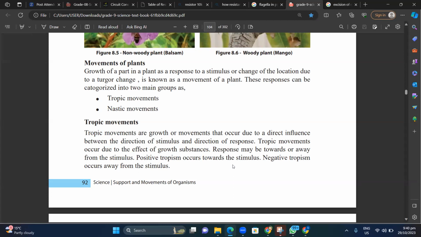So when light is there, it's a positive tropism: it moves towards light. Negative tropism is also there. Negative tropism is basically moving not toward, but moving away. So if there's darkness, it's moving away.